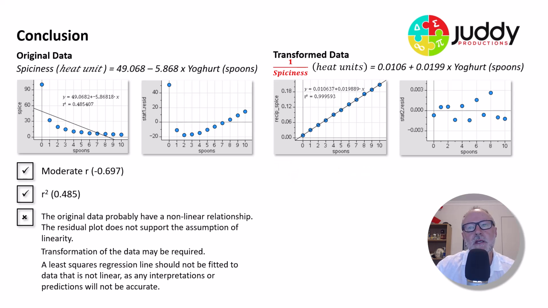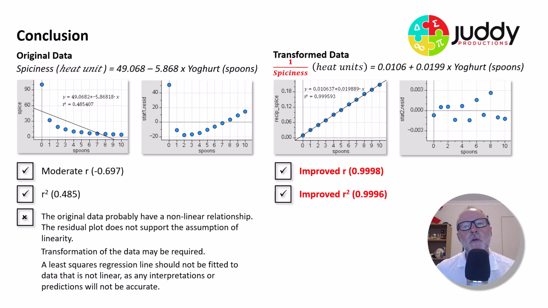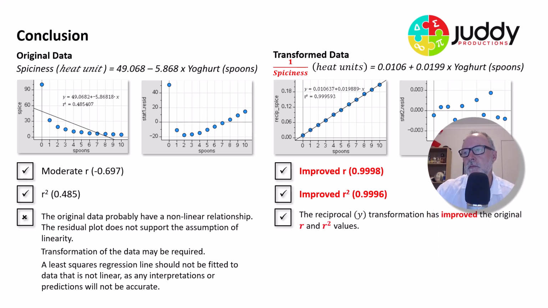Analyzing this, we can see that our original R value of -0.697 has been greatly improved to a new value of 0.9998. We can also see that our original R squared value of 0.485 has also been greatly improved to a new value of 0.9996. So the reciprocal Y transformation has improved the original R and R squared values.